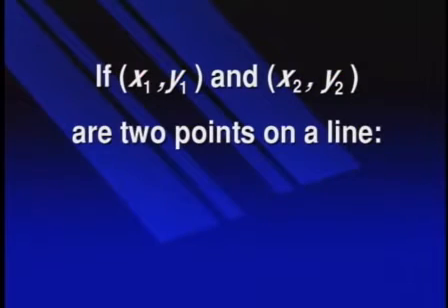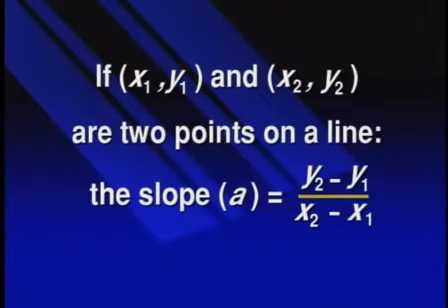If (x1, y1) and (x2, y2) are 2 points on the line, the slope, which I'm calling a in parentheses right now, we'll see why we call it a later, is the quotient of y2 minus y1 divided by x2 minus x1.